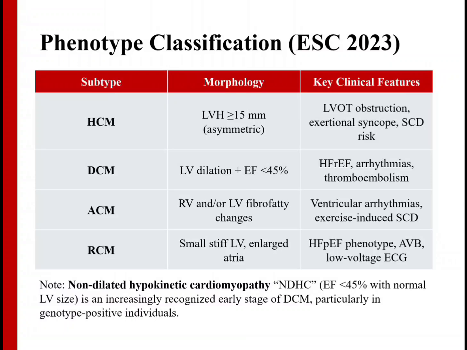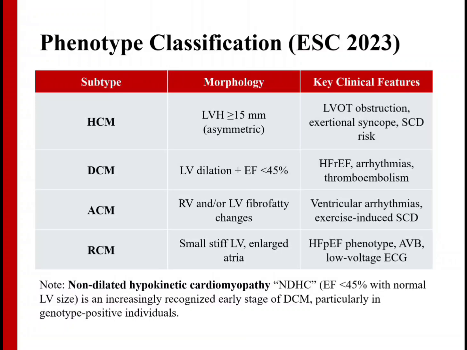Hypertrophic cardiomyopathy is defined as left ventricular hypertrophy more or equal to 15 millimeters, so 1.5 centimeters, which is often asymmetric and can be obstructive or non-obstructive. Red flags include left ventricular outflow tract gradients, exertional syncope, and risk of sudden cardiac death.